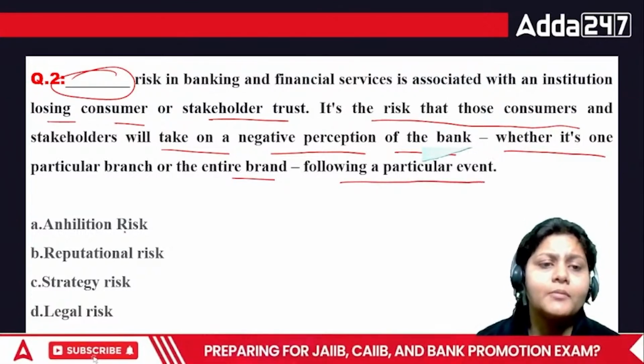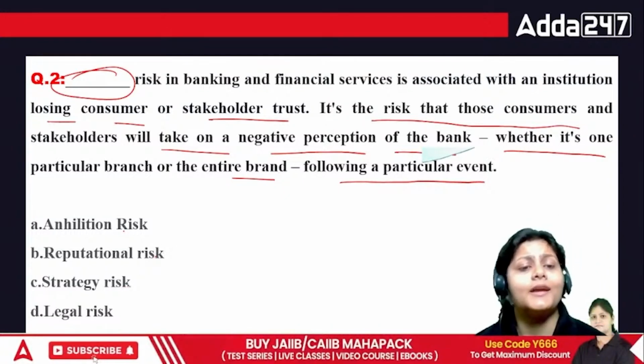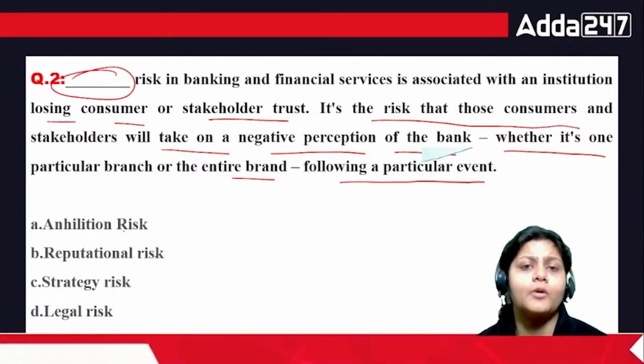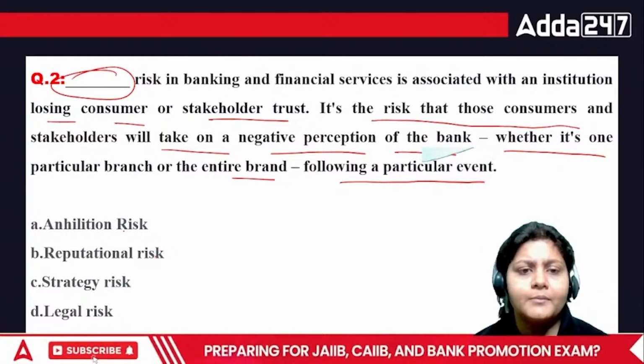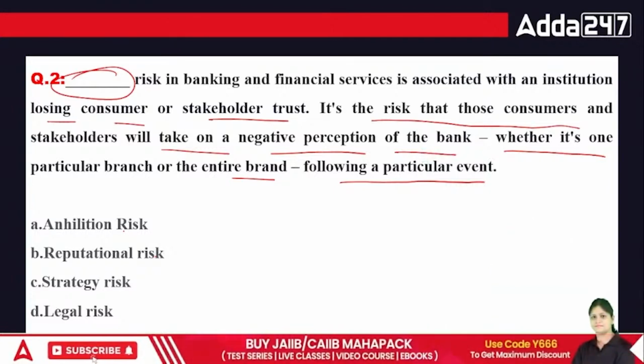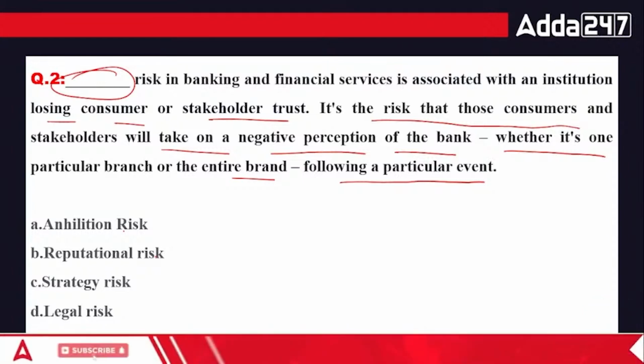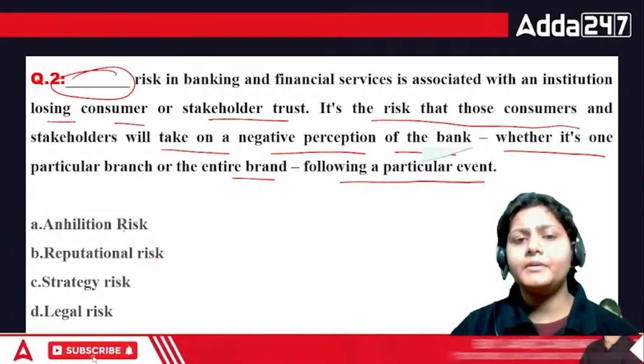So are we talking about annihilation risk, reputation risk, strategy risk, or legal risk? Tell me which one can be the right answer. There are four options given and we are talking about one risk.